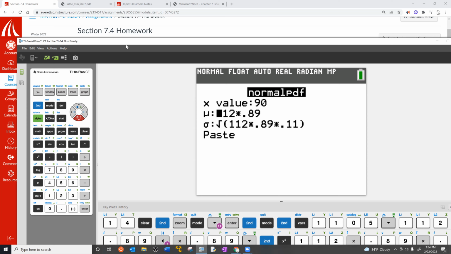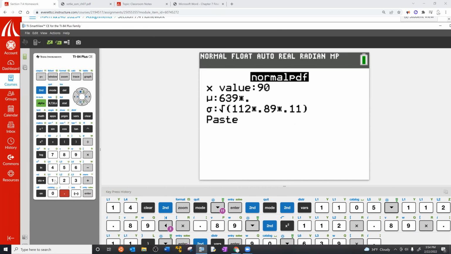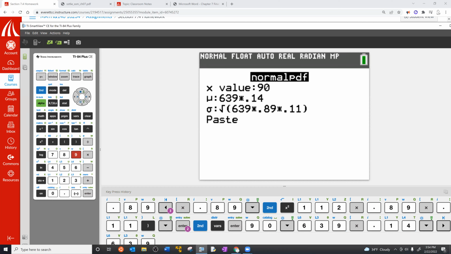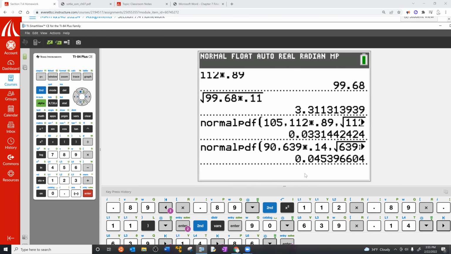The mean is going to be 639 times 14%, and the standard deviation will be 639 times 0.14 times 0.86. The answer is 0.0454.